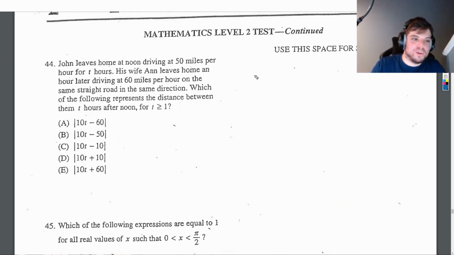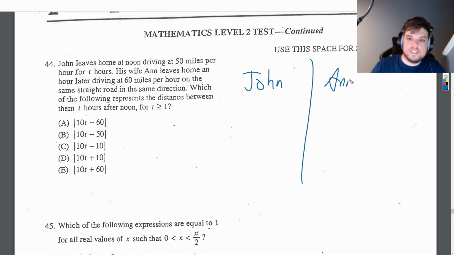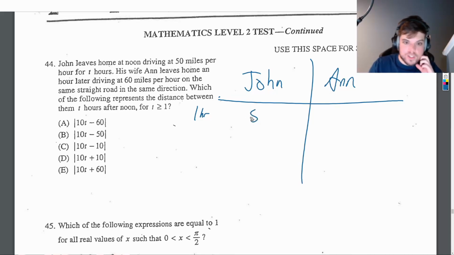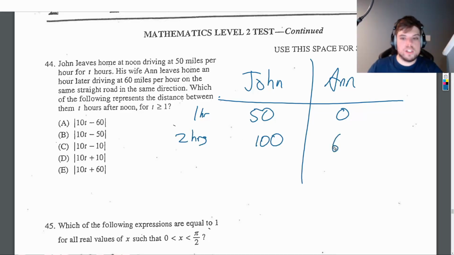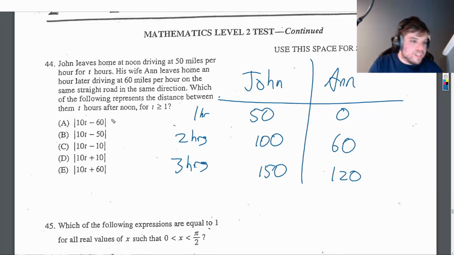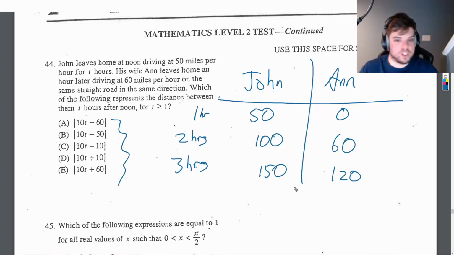Forget the graphs here. John and Anne: after 1 hour, John is going to be at 50, Anne is going to be at 0. After 2 hours, John is going to be at 100, Anne is going to be at 60. After 3 hours, 150 and 120. Which one of these satisfies this relation?